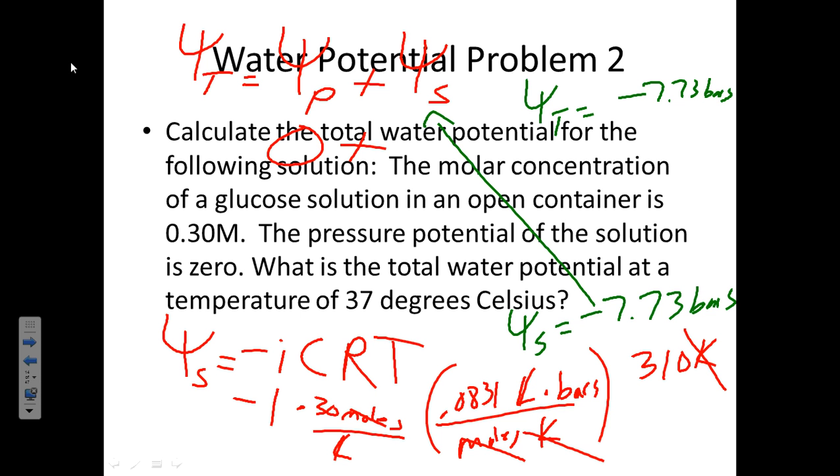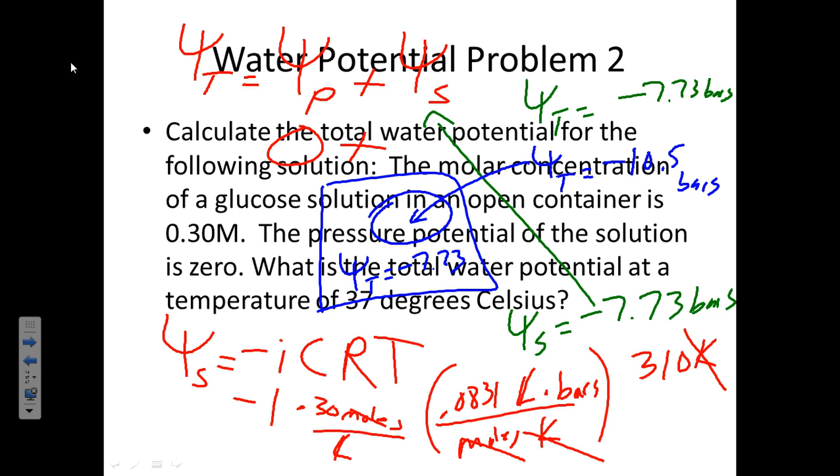Now, let's say we took that solution. So here's our solution, and in here is water potential of negative 7.73. And we put a cell in there, put the cell in that solution, and the water potential in the cell is negative 10.5 bars. What happens to the cell? Does the water go in or does the water come out? Go in.